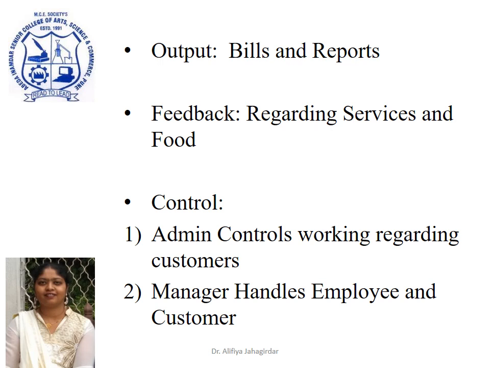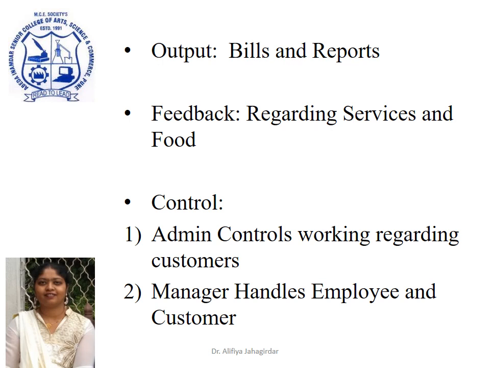Please understand, students, feedback can be positive and negative. Both are going to enhance my system. The feedback can be regarding the services and food. A feedback can also be a backward feedback, which will act as an input to my system.